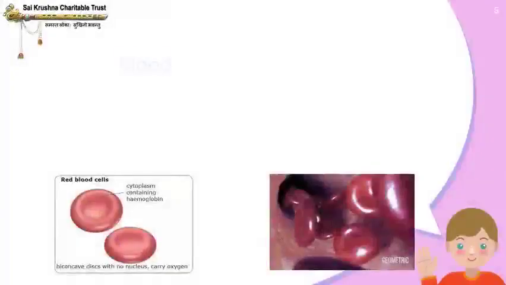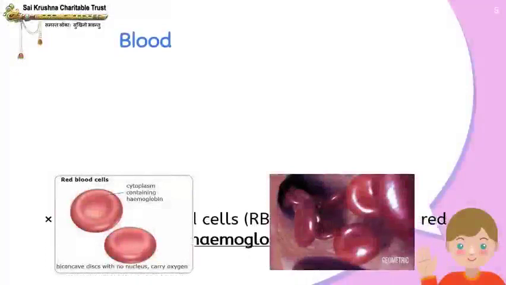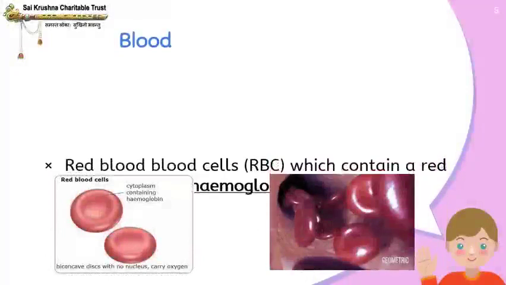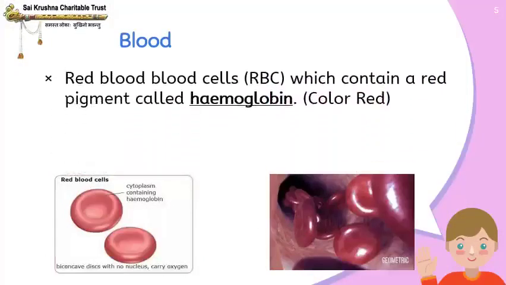Now let us look into the various components of the blood. One important component of the blood is the red blood cells, which contain a red pigment called hemoglobin. This gives the red color. What you are seeing is a picture of the hemoglobin in the red blood cells, taken using a microscope.